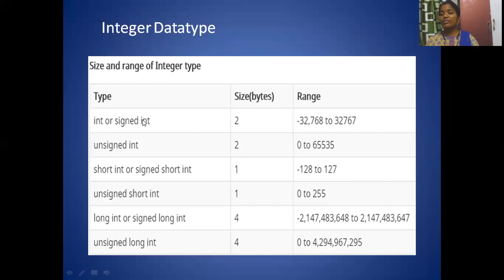So you can have the numbers before the 0, after the 0. So you can write the values from 0 to 32,767 as positive digits, whereas for the negative digits, it is minus 32,768.